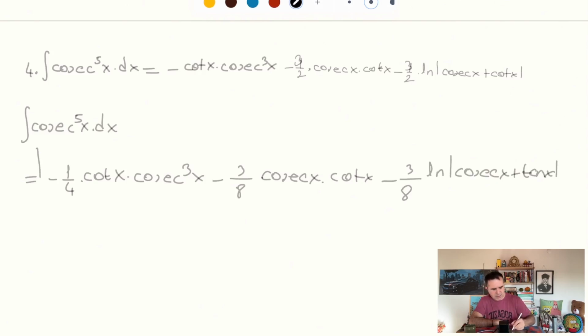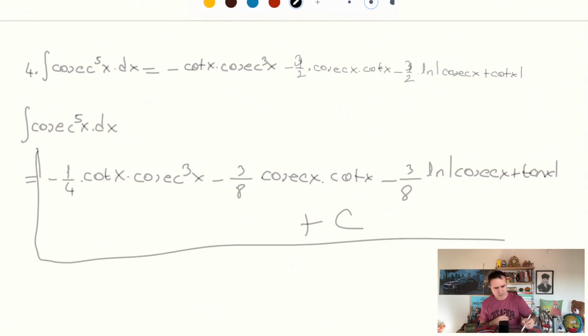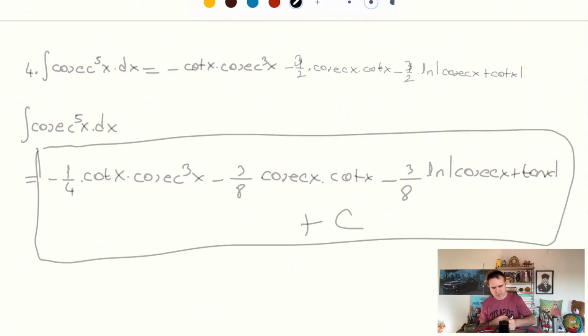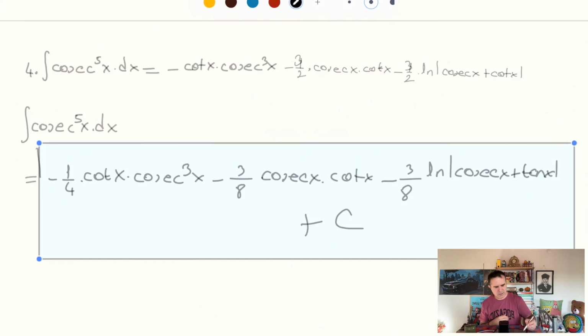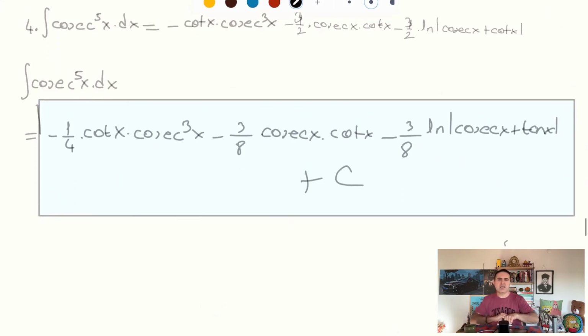And since we have an indefinite integral, we add a constant c, and the answer is this. See you in the next video.